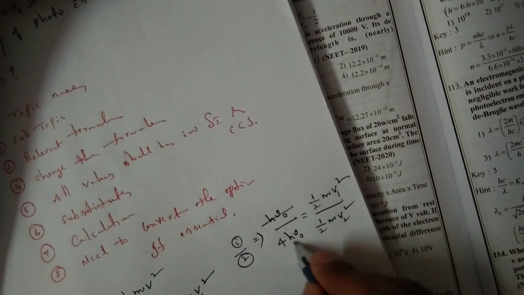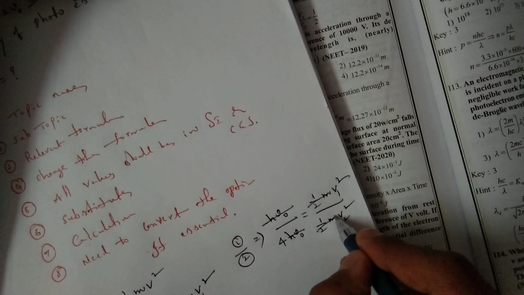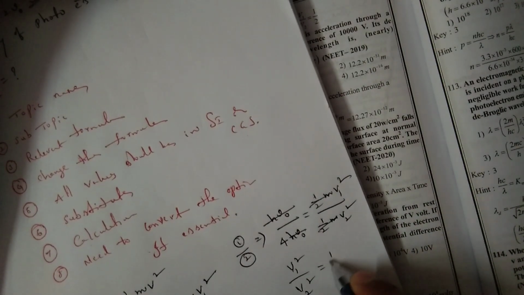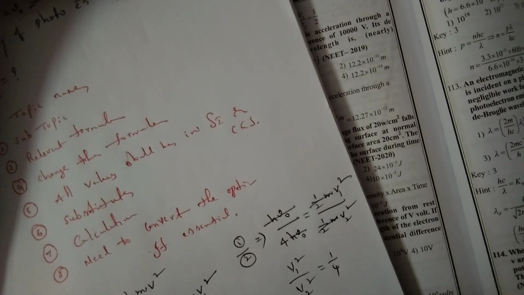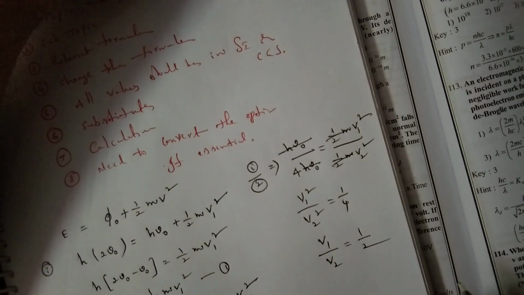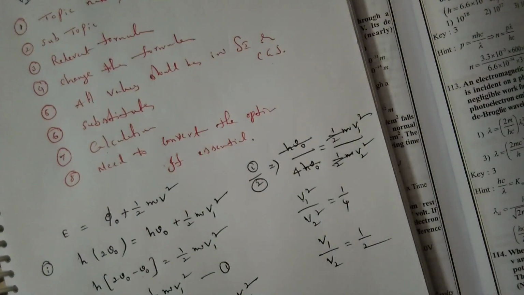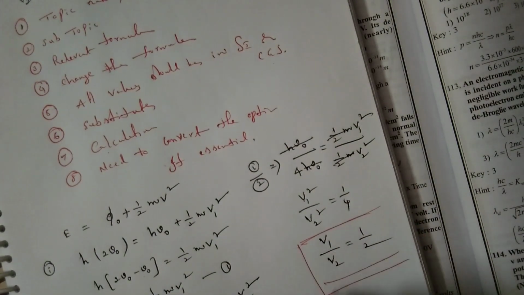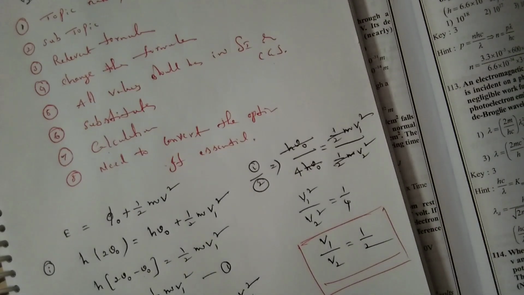Now h nu naught gets cancelled, half m gets cancelled. v1 square by v2 square is equal to 1 by 4. Then v1 by v2 is equal to 1 by 2. This is the answer. What is the ratio? v1 by v2 is equal to 1 by 2.